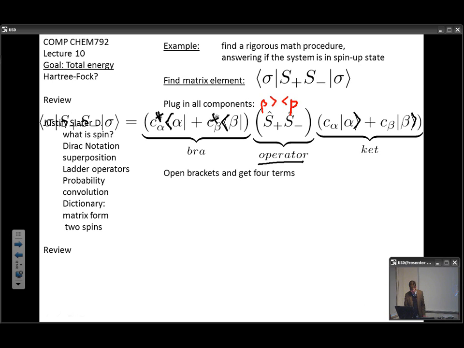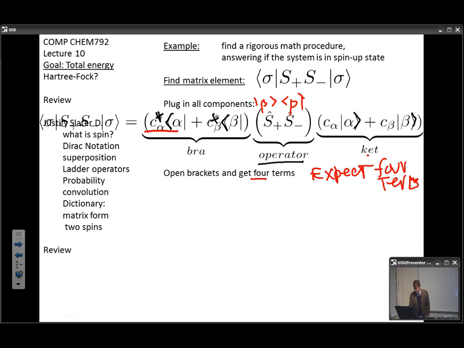This one should be replaced by beta times beta. Then there are two terms here, and there are two terms here. 2 by 2 will be 4, right? There will be 4 terms total. Let's practice it a little.